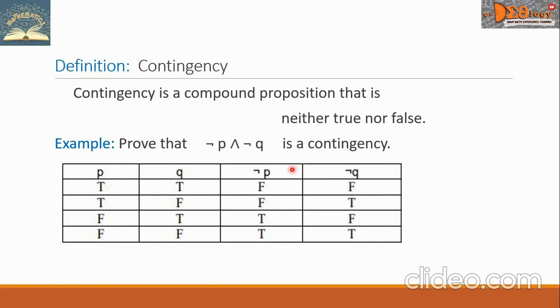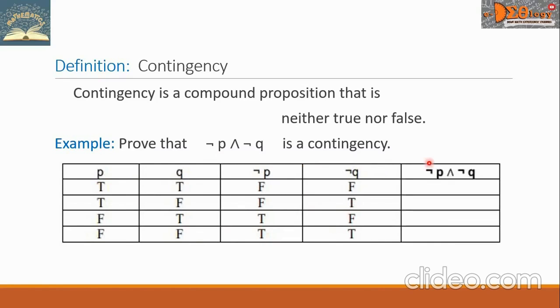Now, we write the negation of P and the negation of Q. Here are now the corresponding truth values. Let us now evaluate not P and not Q. Remember that the AND operation is only true if both propositions are true.